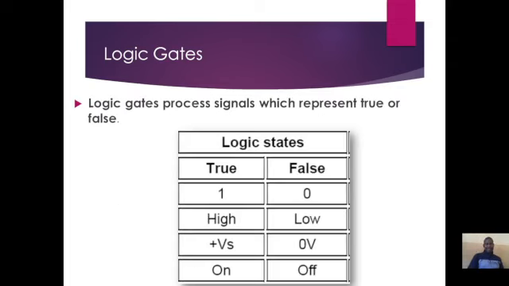Like I did indicate, we also have some truth tables. The logic gate processes signals which represent true or false. So in this table, when the input is 1, then the output may be 0. When it is high, it could be low. It is positive, it can be negative.